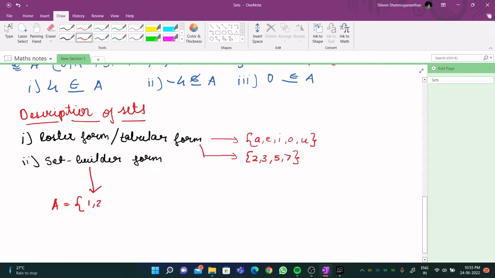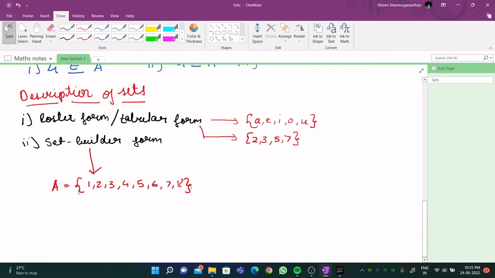Right. So this is our set. Now, as you can see, this is represented in the roster form right here because we are expressing all the elements in that set.